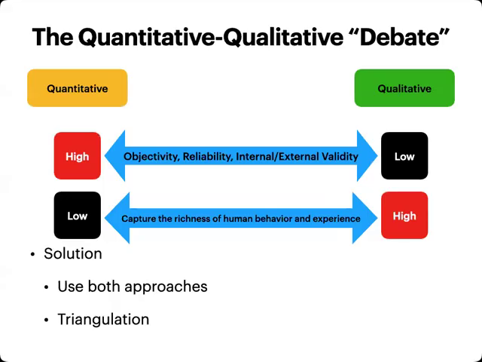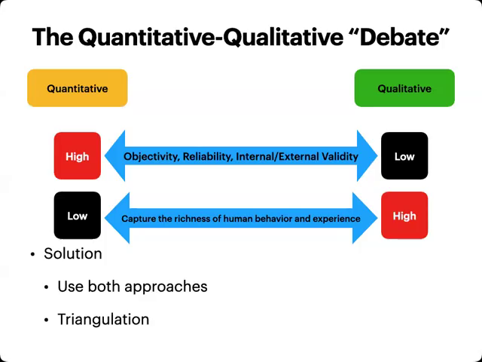As we have seen in this chapter, compared to qualitative research methods, quantitative research methods have higher objectivity, higher reliability, higher internal validity, and higher external validity. In contrast, qualitative research methods can better capture the holistic understanding of human behavior and experience compared to quantitative research methods.